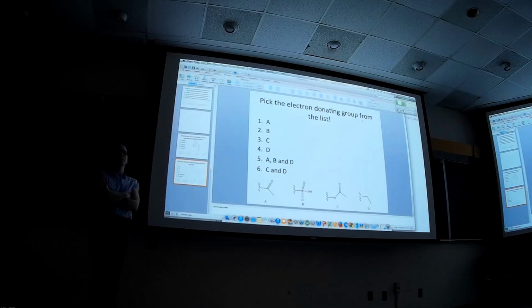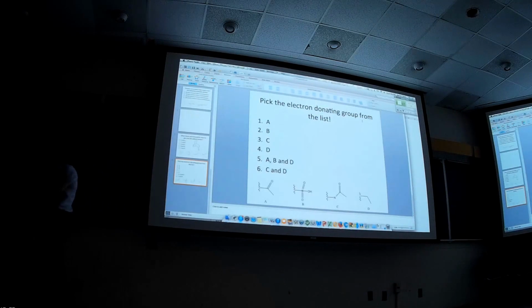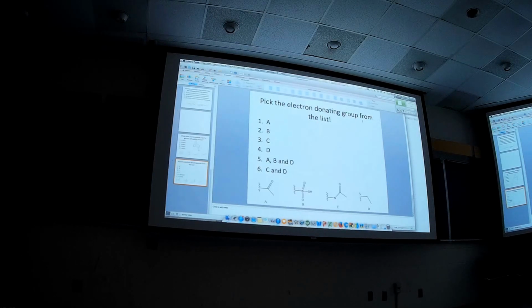The electron donating group. Remember, the squiggly line is just a system. This shouldn't take us that long, so we'll go in 30 seconds.